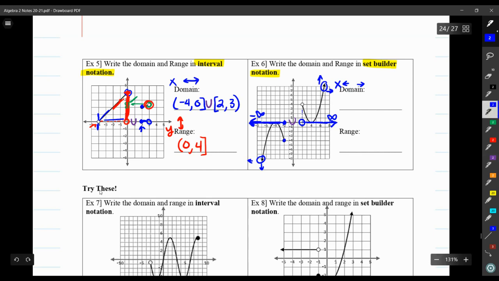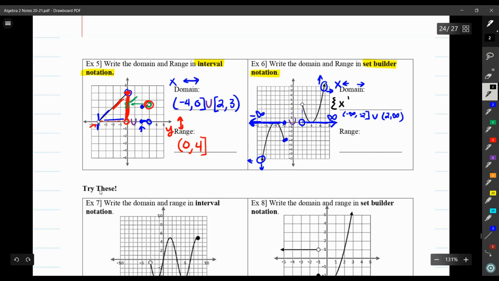So I'm going to write it in interval notation first. We'll write it underneath. So we've got -infinity all the way up to -2, and that's going to be a bracket because of the closed circle. Then we jump, that's our union, open circle at 2 all the way to +infinity. Now that I have it written in interval, let's translate that into set builder.